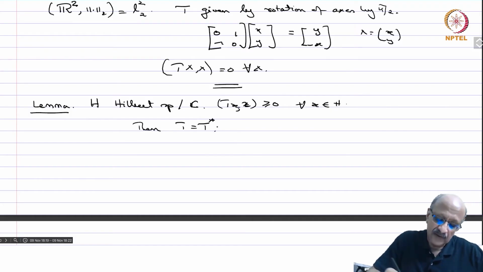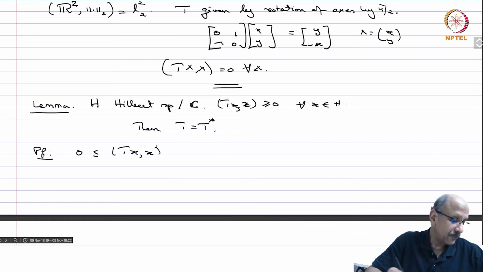Again, obviously this doesn't apply to the real case, because the previous example gave you <Tx, x> equal to 0, which is a particular case of <Tx, x> greater than or equal to 0, and this matrix is not a self-adjoint matrix, and therefore this is not applicable in the real case. So it depends on the complex case. So we have proof: 0 is less than or equal to <Tx, x>, which is equal to, because it's a real number, the conjugate of <Tx, x>.